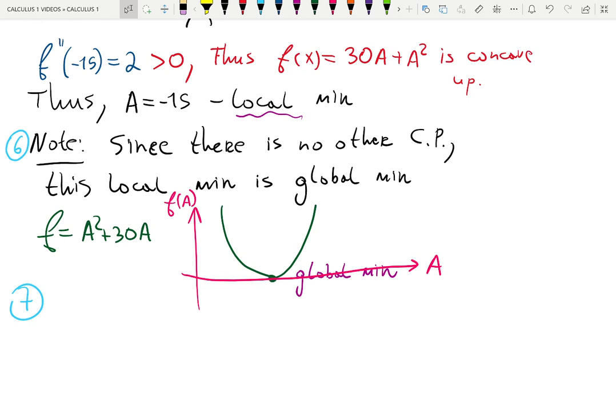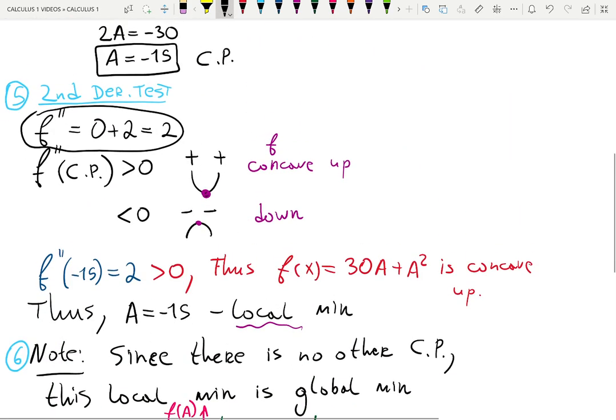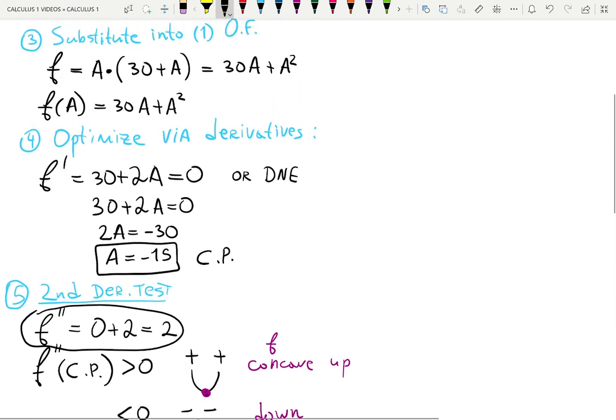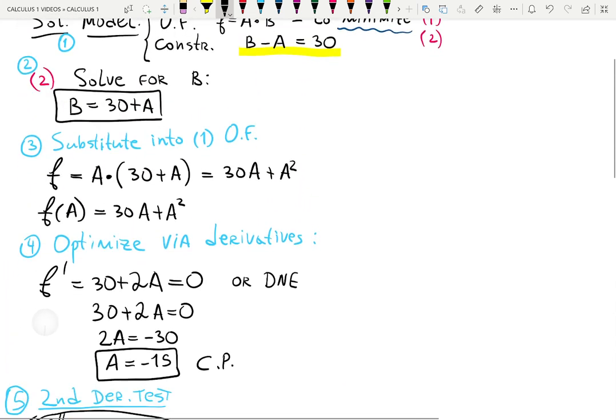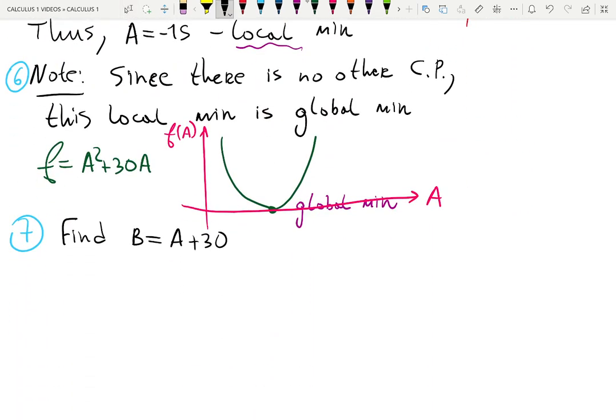So, find b. B had the formula, remember? It was a plus 30. Let me check that. B, yes, see, I put it in the box. 30 plus a. And that gives me minus 15 plus 30, which is 15.